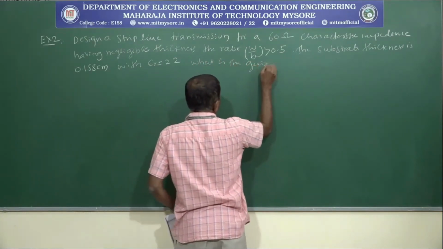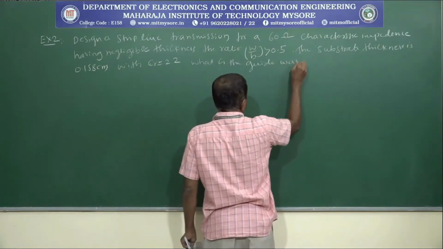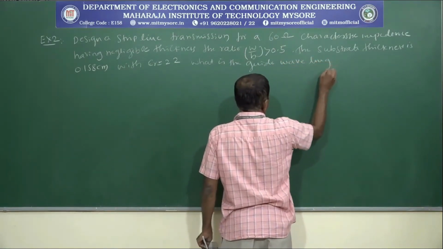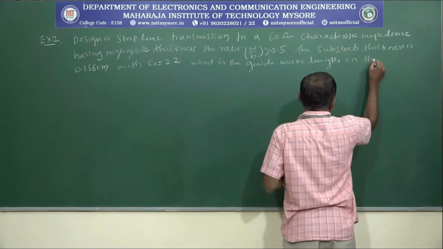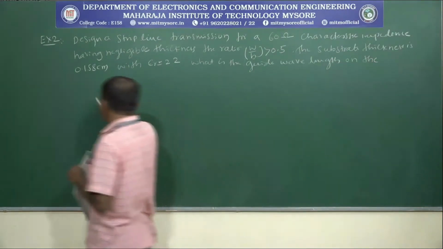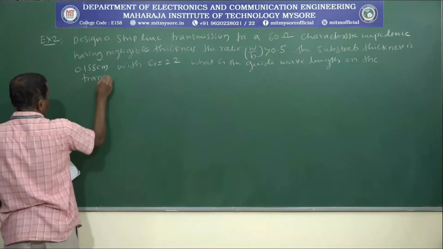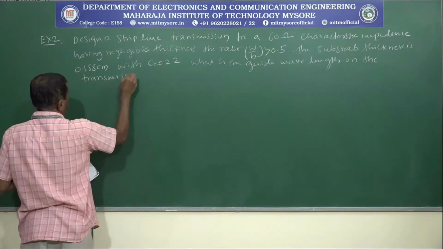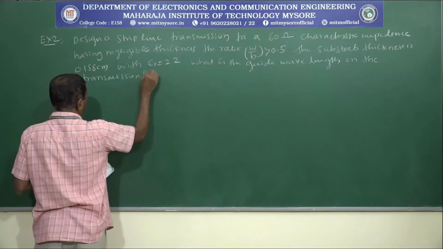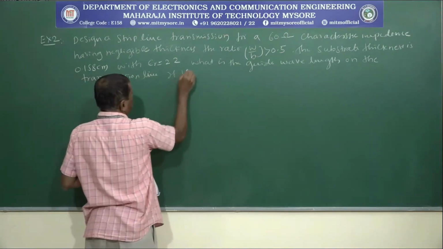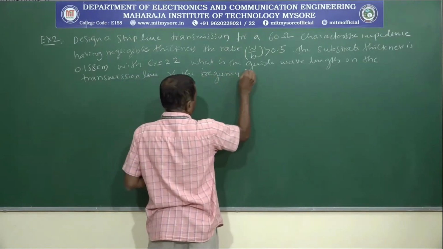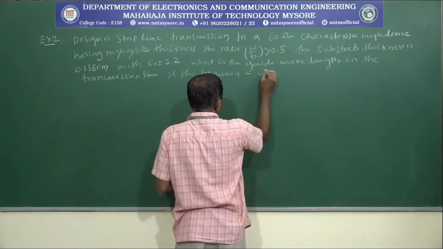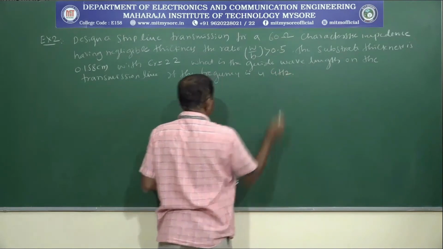What is the guide wavelength on the transmission line if the frequency is 4 gigahertz?